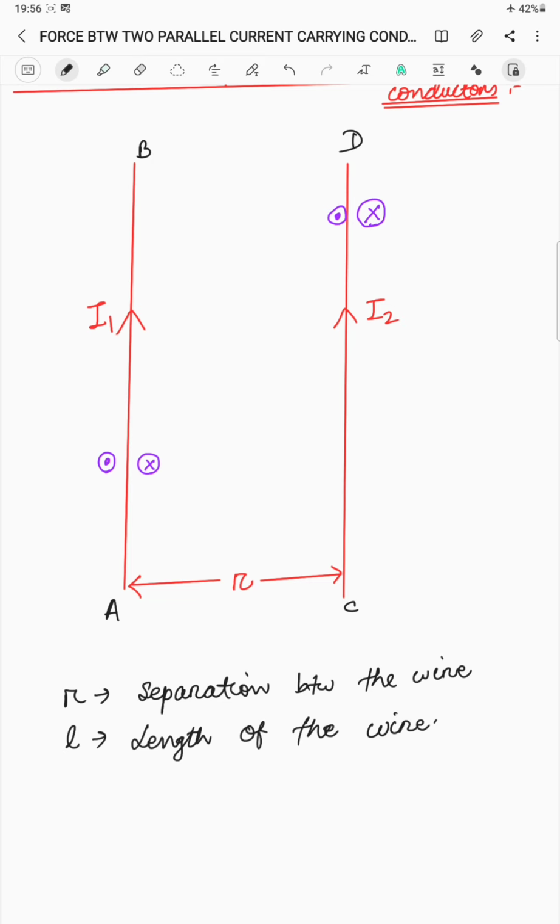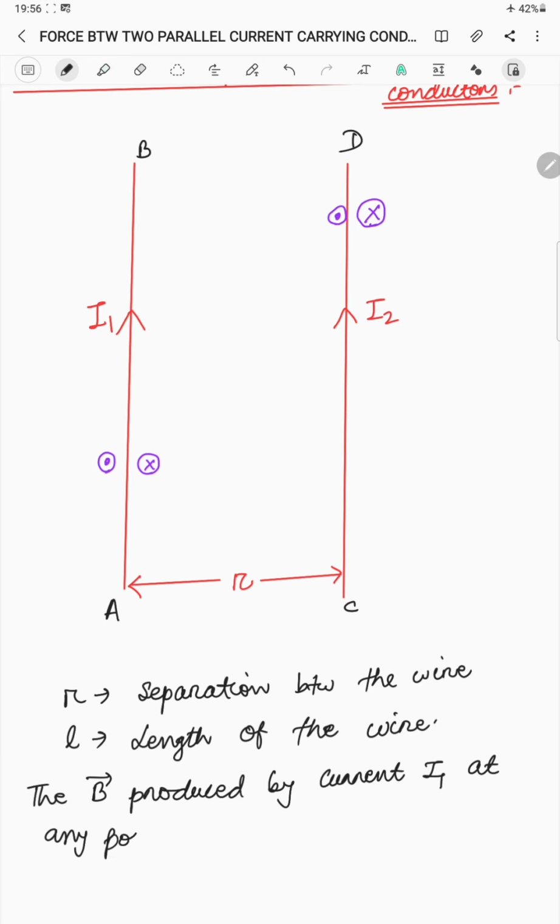Then what is the magnetic field? Let us find out. You can write here: the magnetic field produced by current I1 at any point on the wire CD is B1 equals mu naught I1 divided by 2 pi r.